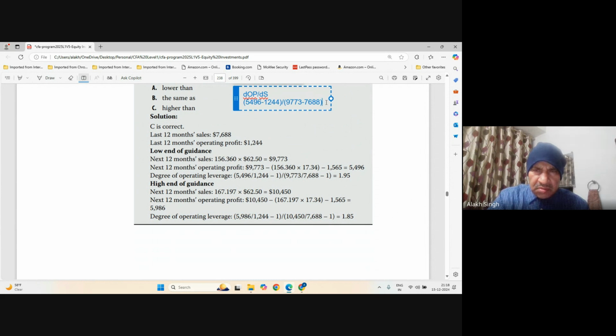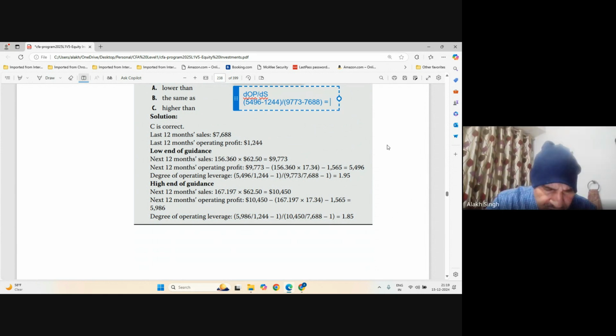This one is equal to... one second. You have to compare that. Minus 1244, divided by 7688. 2.03. 2.03. Okay, let's see. And what about the other one? So the other one will be... this one was what?